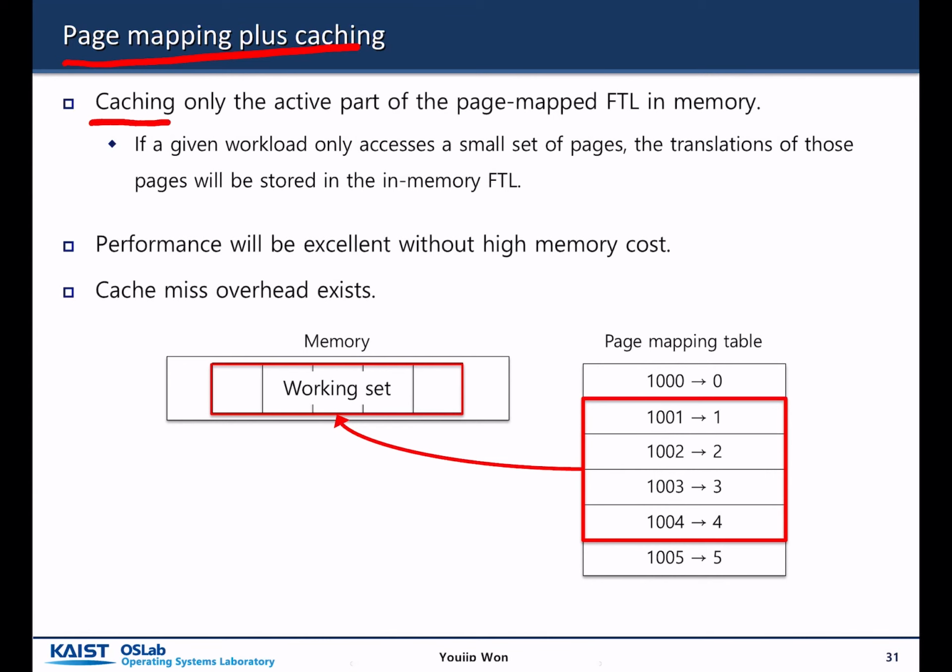So if a given workload only accesses a small set of pages, then translation of those pages will be stored entirely in memory. So page mapping plus caching exploits locality of accesses.